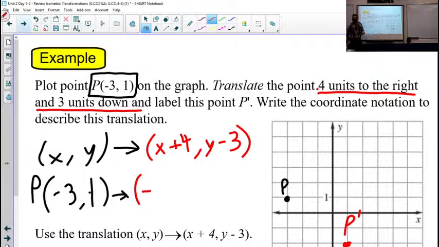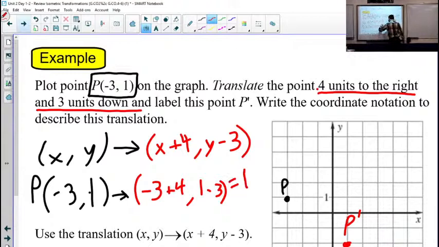Our instruction for x is to take our x coordinate, negative 3, and add 4. Then for our y coordinate, our instruction is to take our y coordinate, which is 1, and then subtract 3. So that means our new point, P prime, should end up with negative 3 plus 4, which is a positive 1, and 1 minus 3 is a negative 2.